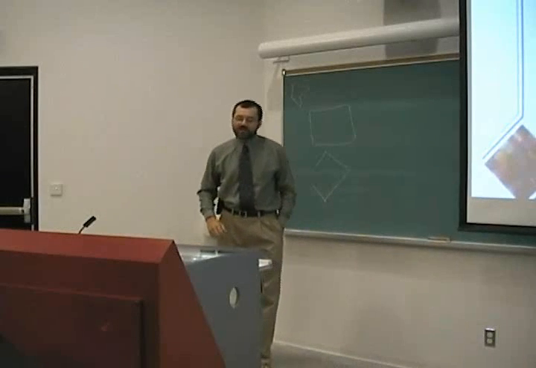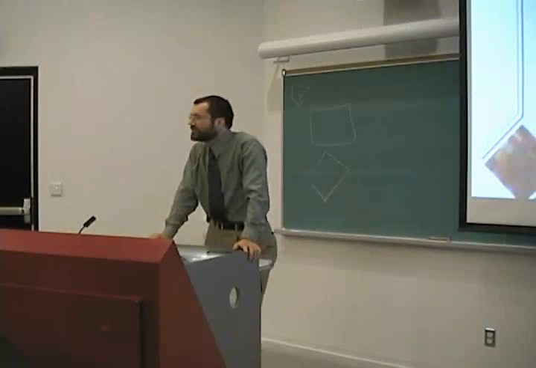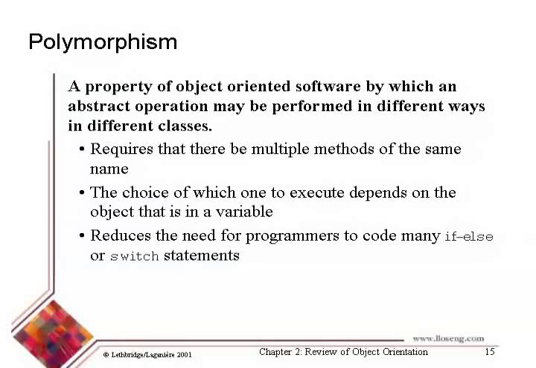And that moves us on to, on slide 15, polymorphism. Polymorphism is one of the powerful facilities in object-oriented systems. Along with inheritance, which we'll talk about in a minute, it is one of the key things that defines an object-oriented system. If you don't have polymorphism in a programming language, it cannot be called object-oriented.